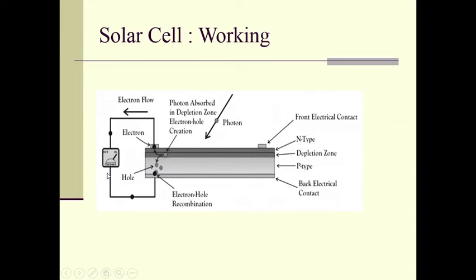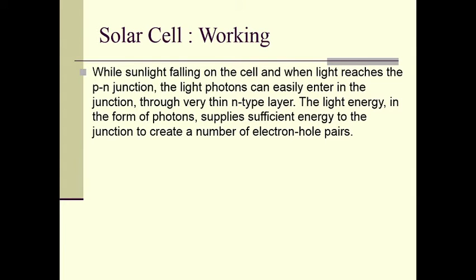When it is switched on, there will be current flow, or electron flow, through the outer electrical circuit. While sunlight falls on the cell and reaches the p-n junction, the light photons can easily enter the junction through the very thin n-type layer.